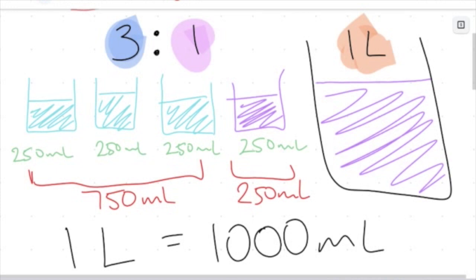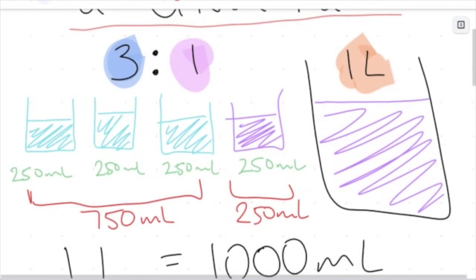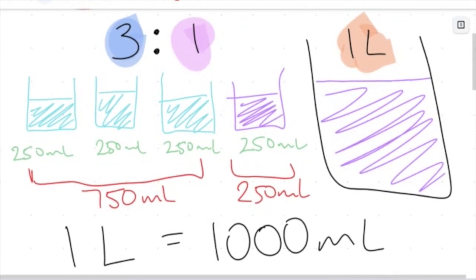Now, let's actually see what we did here to find how many parts we had to divide by in the first place. Well, all we did was we added my ratio of 3 with the 1. Adding those two together, as you can see here, going this plus this plus this plus this equaled my whole.